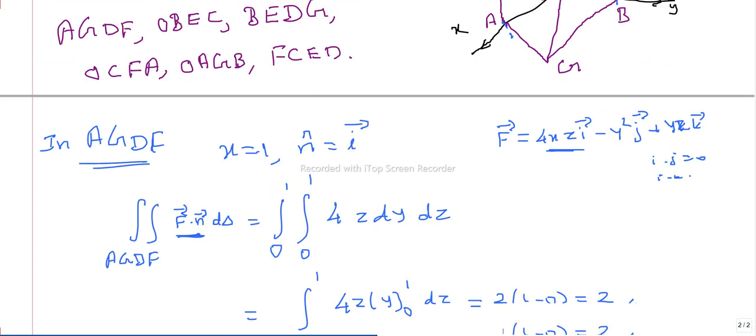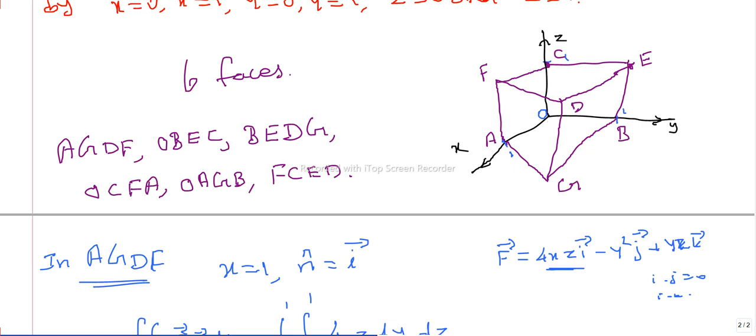Now we can take the opposite side. The opposite side means this face, OBEC. If you take this face, what is the value of x? That is, x is 0. x varies only in this direction, so on this side x is 0.